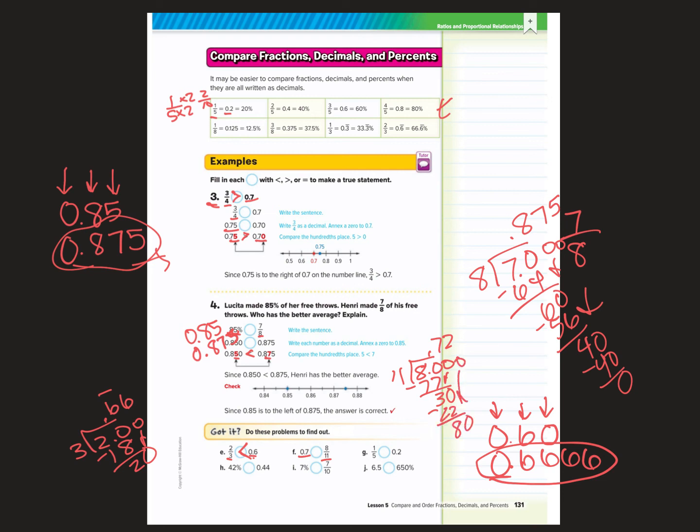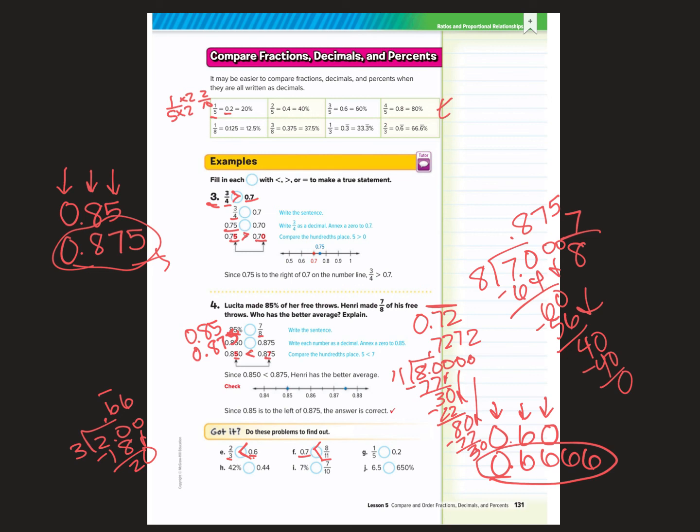Would you look at this? 80 divided by 11, 77, 3 would be 2, 7272. So how I would write this repeating decimal is like this. So what's bigger, 0.7 or 0.72? That 72 would be bigger.